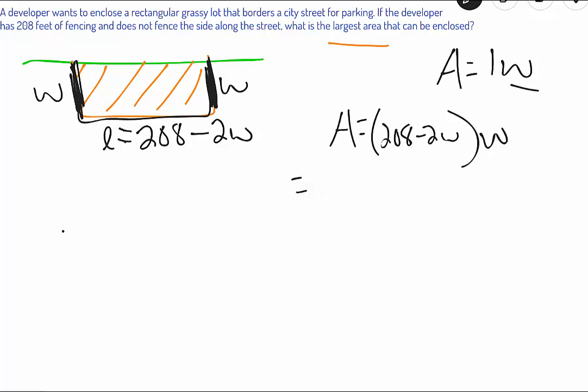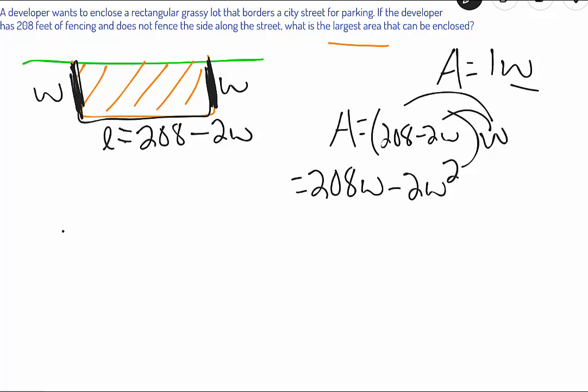Now, if we multiply this out, 208 times W just gives us 208W minus 2W squared. Now we're going to stop right there. It wants to know the largest area. And if it's wanting to know the largest area, what that tells us is we want the max area here. And if we want the max area, we're going to use the concept of maximization here.